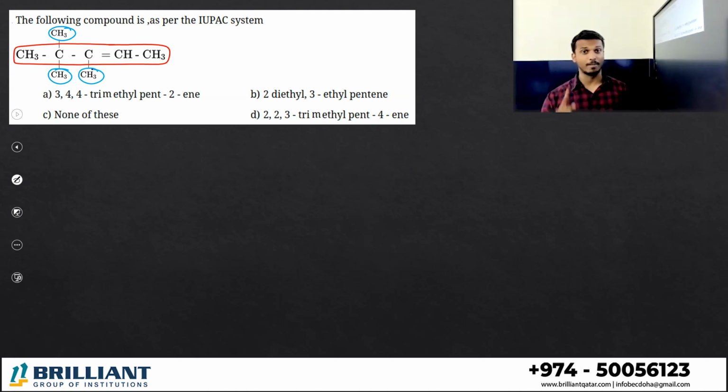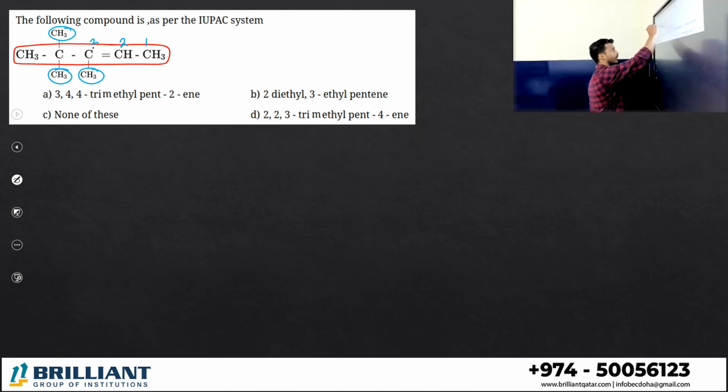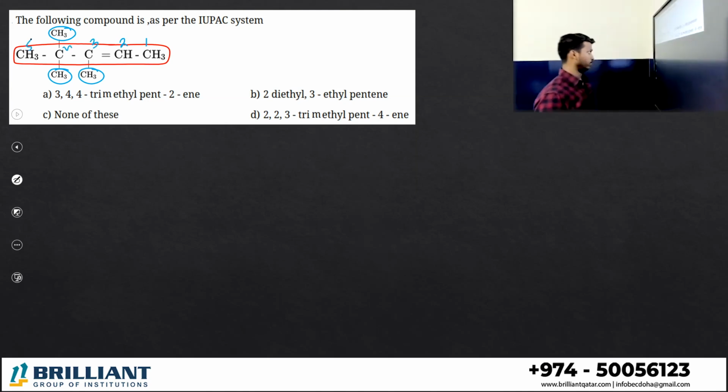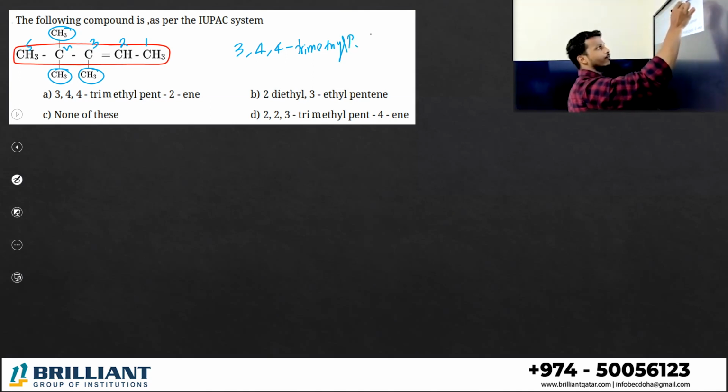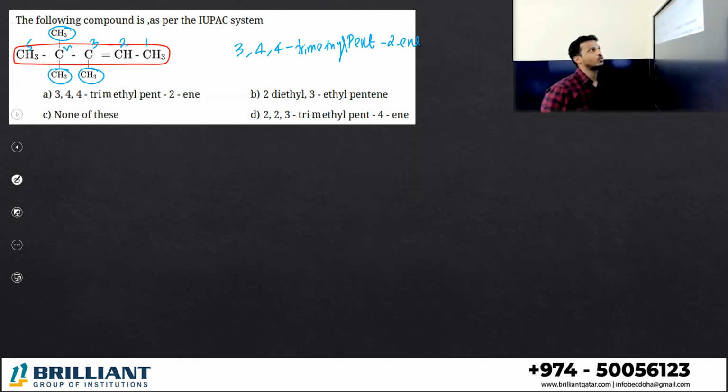So I can start numbering from the right side. So number 1, 2, 3, 4, 5. So at the third position there is a methyl group. At the fourth position there are 2 methyl groups. So 3,4,4-trimethyl, right? Total how many carbons in the parent chain? 5 carbons. Therefore, pent, second position there is an alkene, so pent-2-ene.